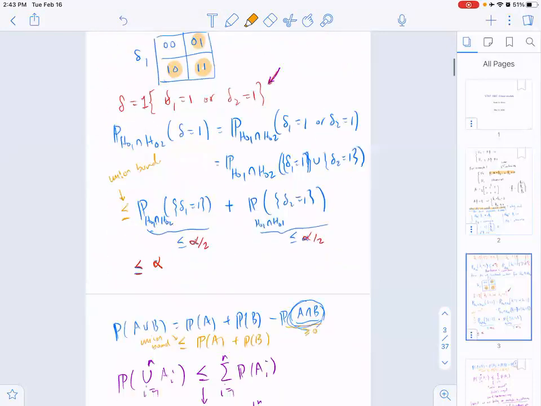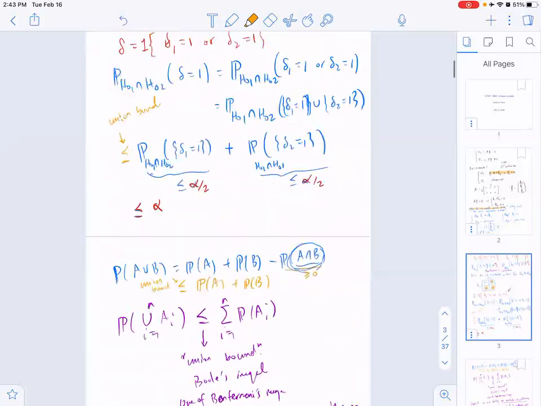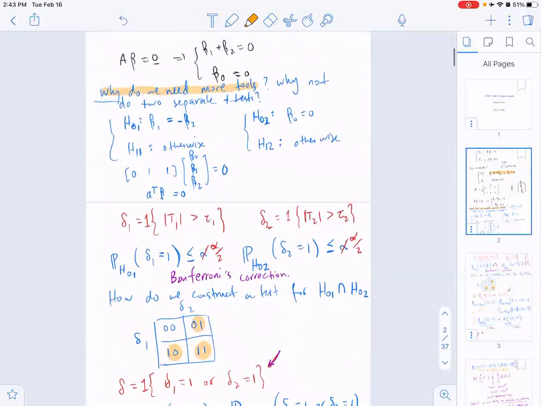And you can see there is a problem with this. Does anyone see the potential problem here? I'll give you a few seconds to think about it.